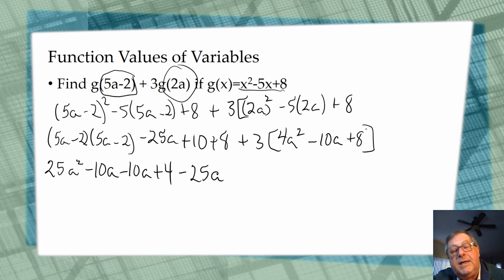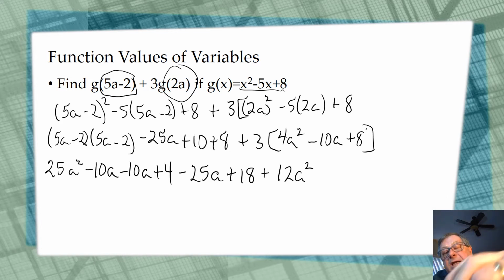And 10 plus 8 is 18, plus 18. And then I'm multiplying 3 times 4a squared minus 10a plus 8. So that's going to be plus 12a squared. And 3 times negative 10a is negative 30a. And 3 times 8 is positive 24.